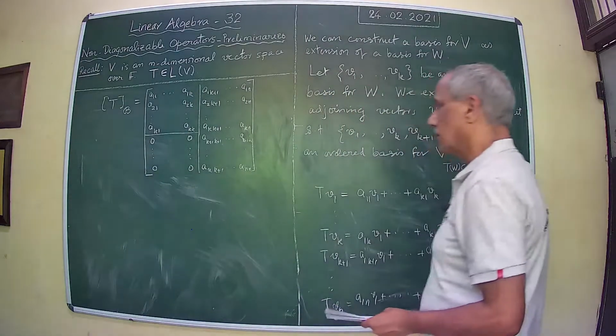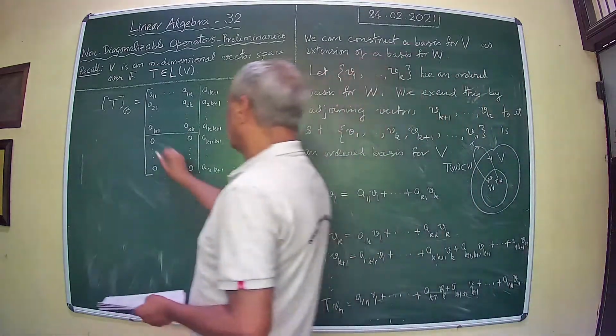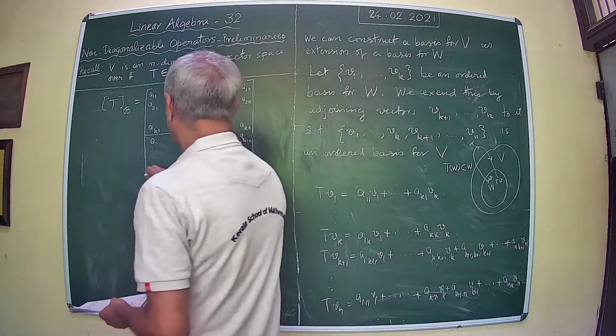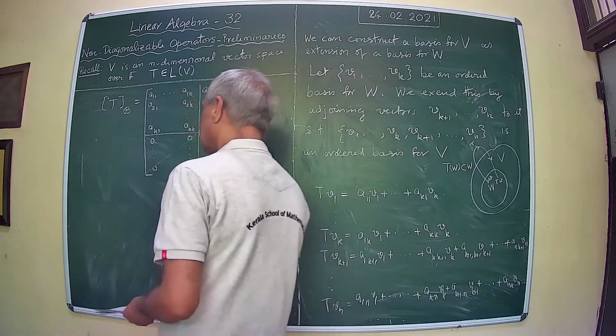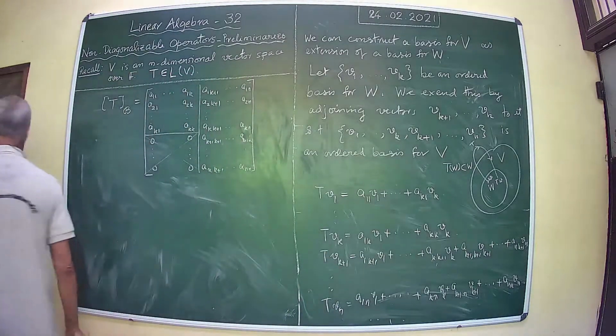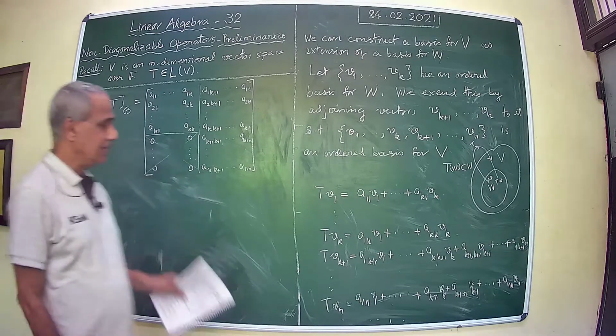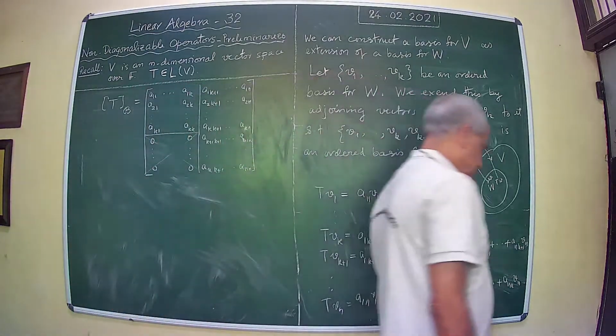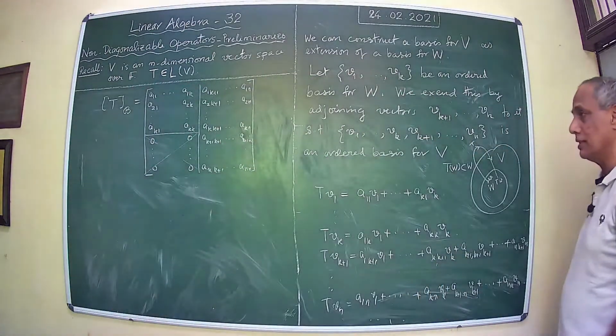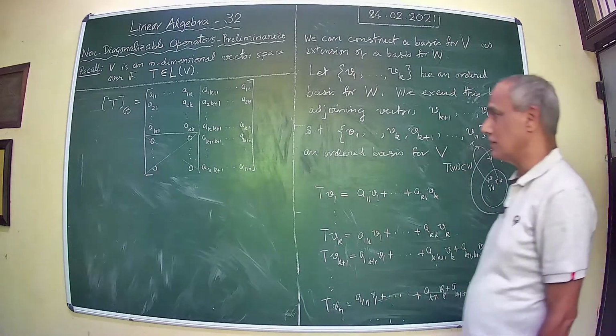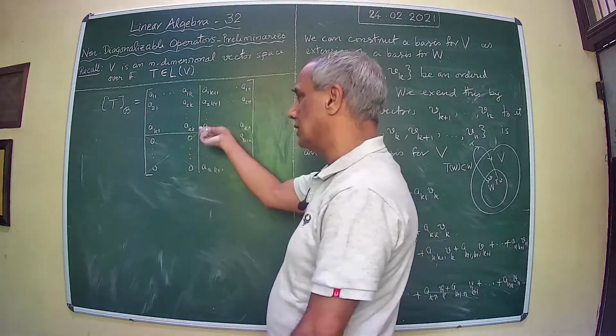This is the structure of this. Now you see that under the assumption that W is invariant under T, we get a certain part of the matrix representation filled with zero elements. It brings some advantage.